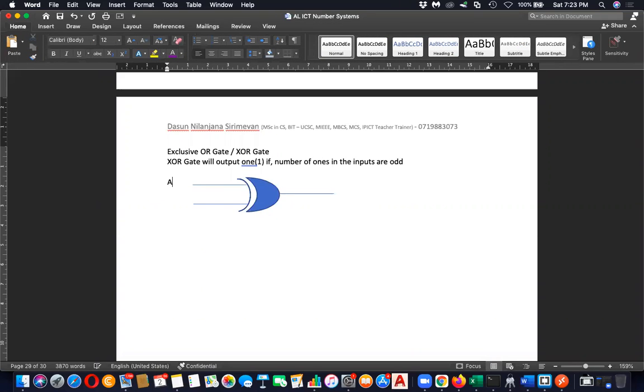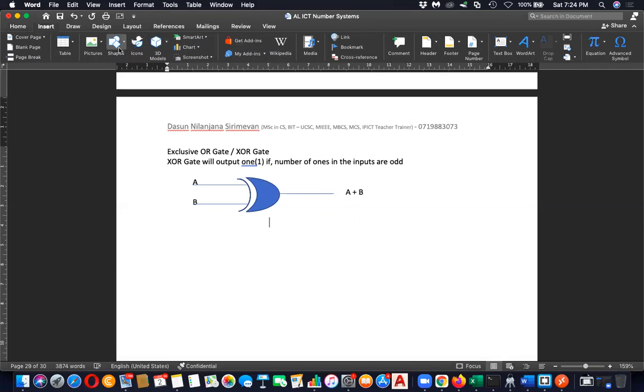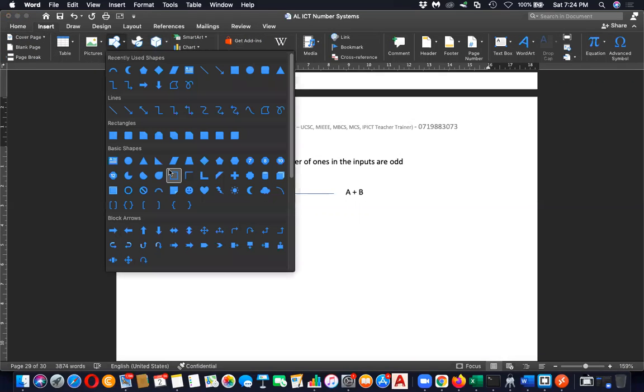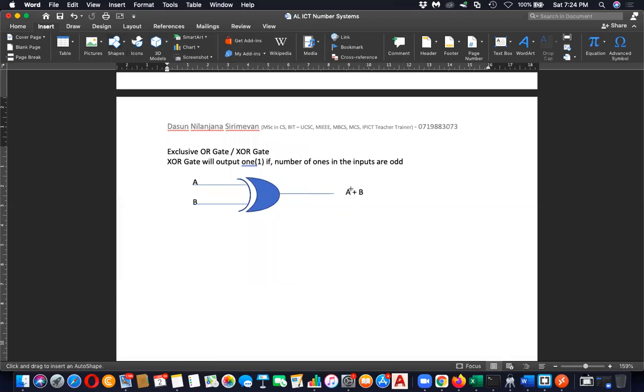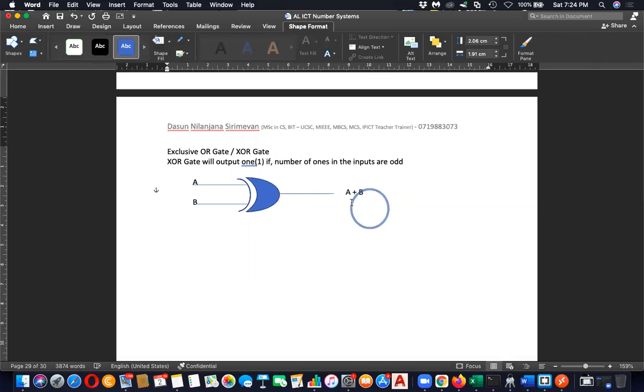So let's say this is A and the second one is B. If it is A or B, you write A exclusive or B. The symbol of exclusive or is A plus B, but the plus has a circle around it.